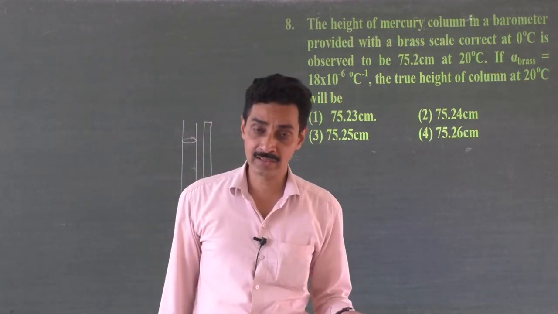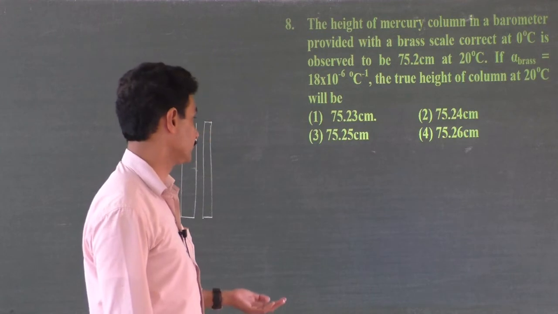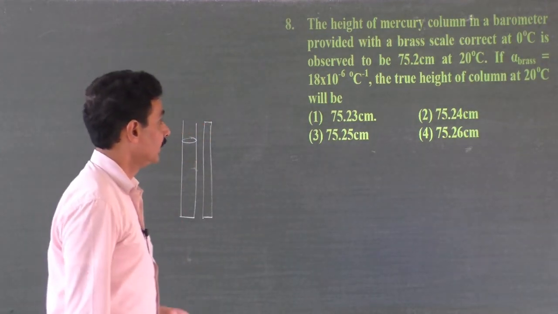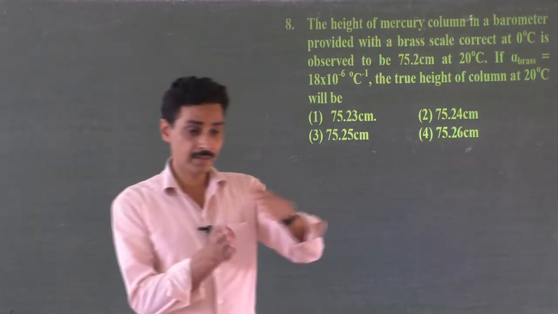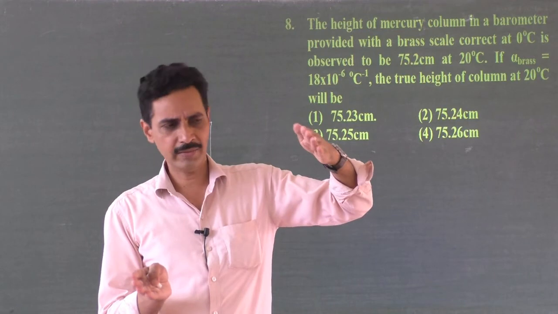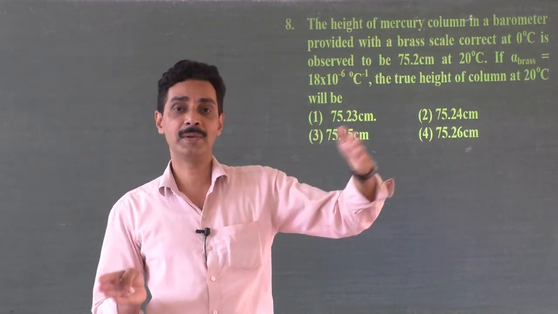Can you tell me whether the actual reading should be more than 75.2 or less than 75.2 centimeter? It should be more than 75.2. Suppose you take an example like 75 centimeter. If it is 75.2 centimeters, that is the expanded reading, right?